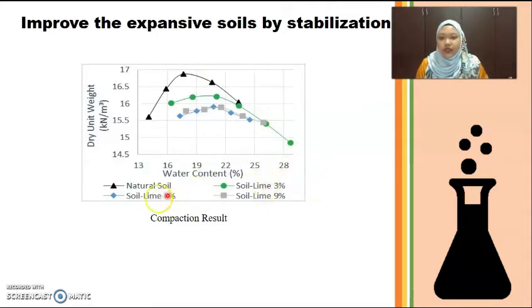We have three values of lime mixture added to the natural soils, which are 3%, 6%, and 9%. Based on the compaction result here, we can see that the soil-lime mixture is increasing in water content and also dry unit weight compared to the natural soil.